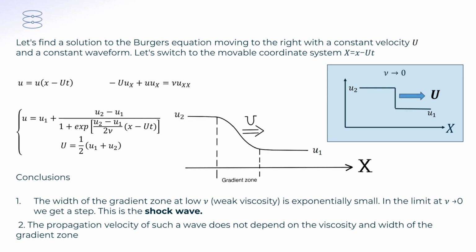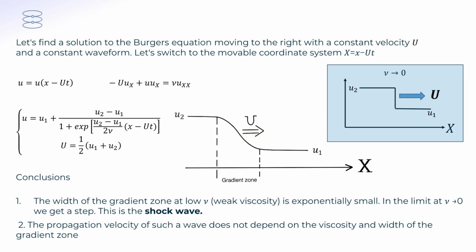In this case, the equation leads to a different, more simple form. It's a usual differential equation. This equation can be solved very easily. This is the solution of this equation, and this is the velocity of moving of this wave.